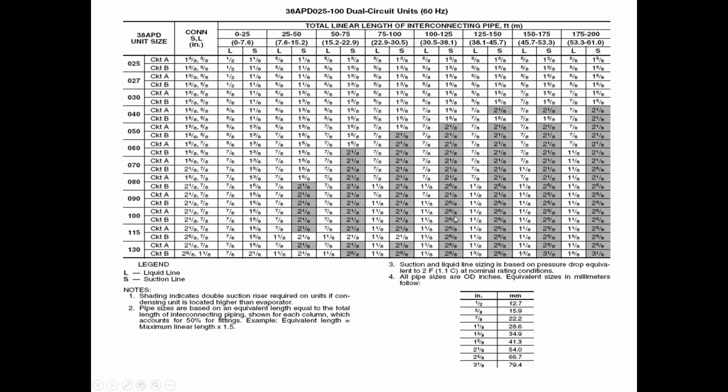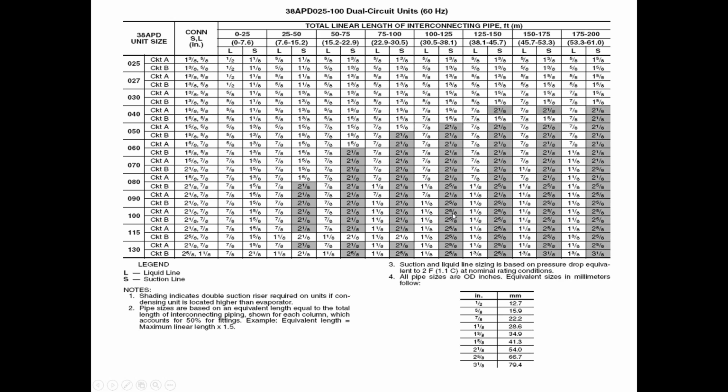Now we notice that the 2 5/8 is in the shaded box area. The shaded box area indicates we need a double suction riser on this unit if, number one, the condensing unit is above the evaporator, and two, if our riser section is greater than 3 feet.